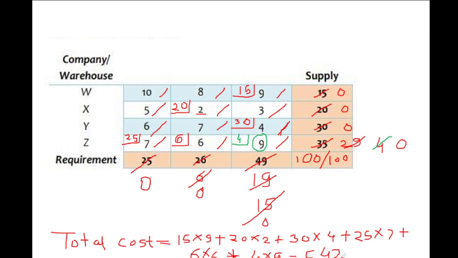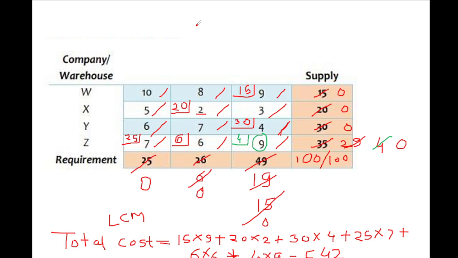So the total cost comes as 542, and this is through the least cost method. And if you remember from the last video, we have seen that through the northwest corner method for the same question, the total cost was 703.